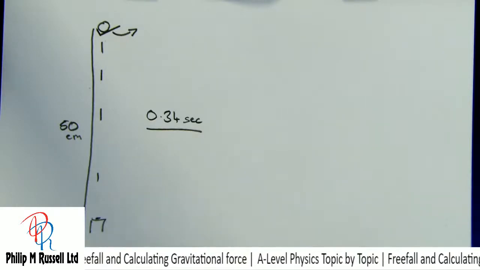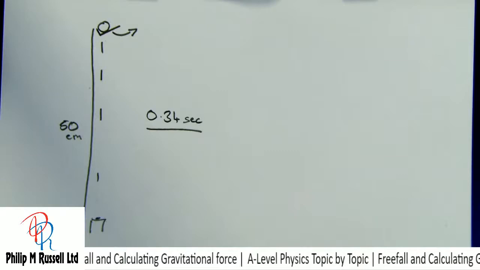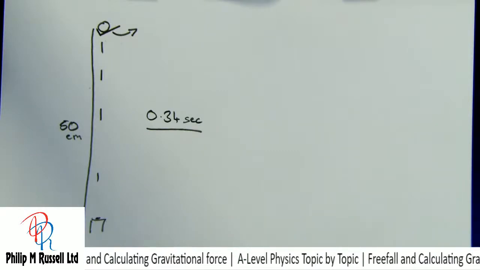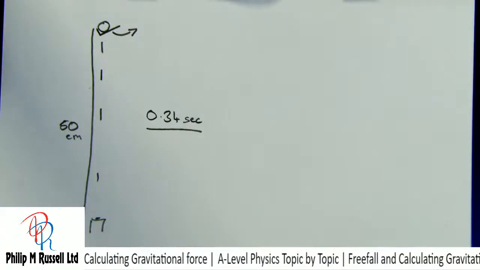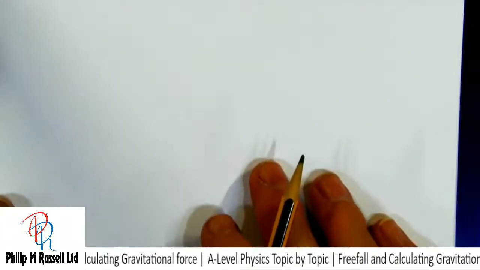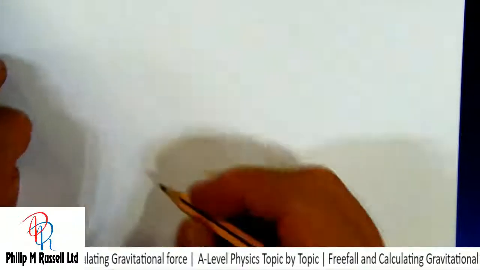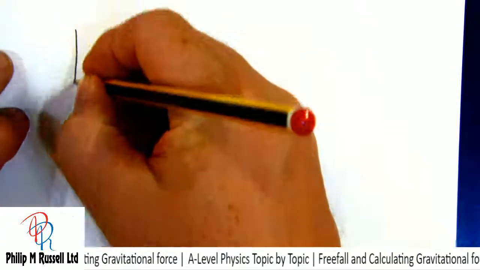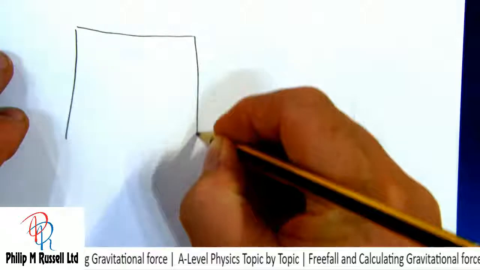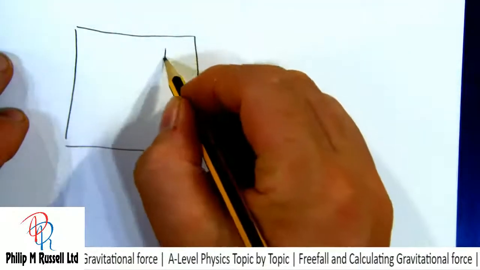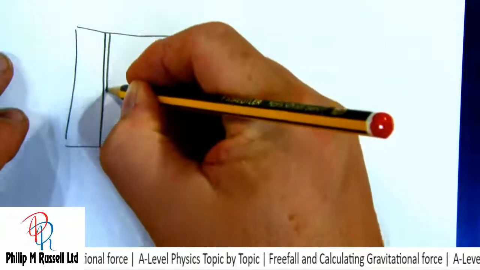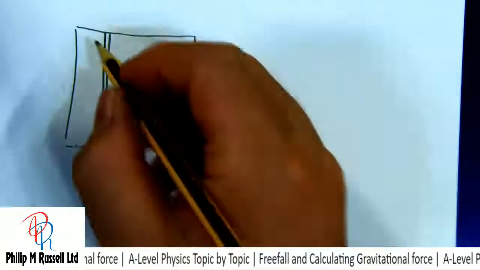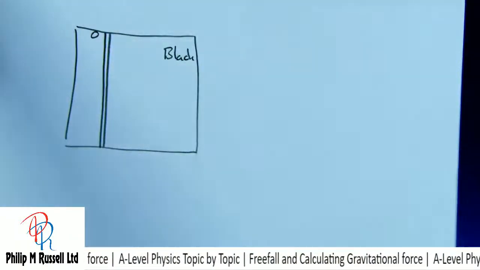The standard way of doing this is much easier in the lab and quite difficult on video. In the lab, what we would do is simply take a black surface, and with this we can put in a little ruler, and we drop the ball.